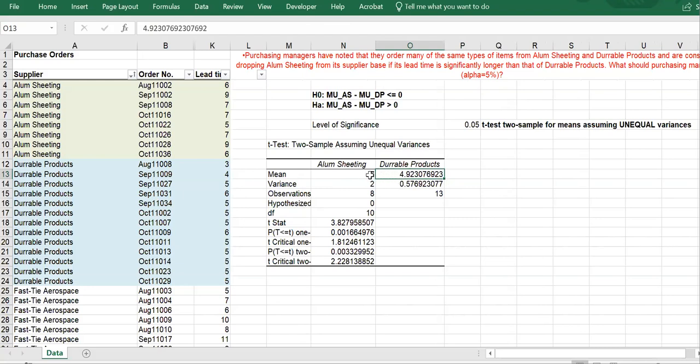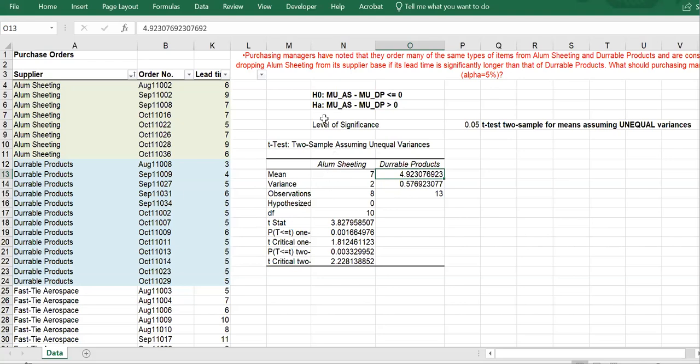But to make sure the difference is statistically significant, we need to take a look at the test statistic and the p-values. It's not enough just looking at the sample means. We see the difference, but let's see if the difference is significant.